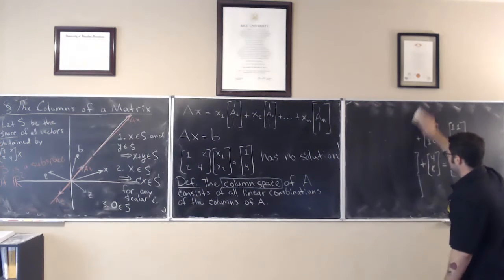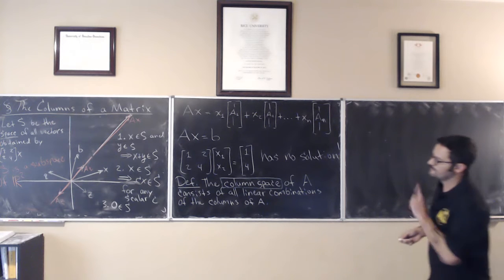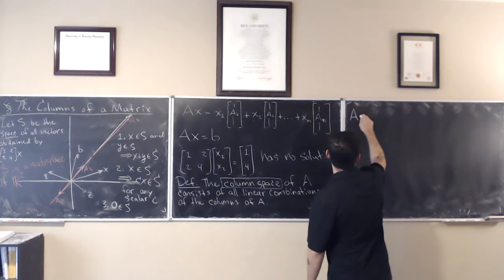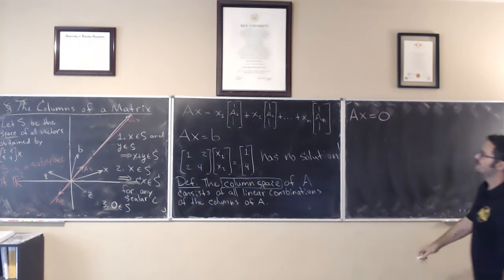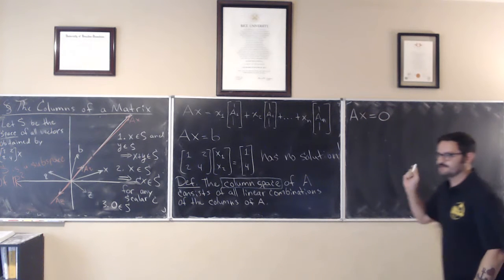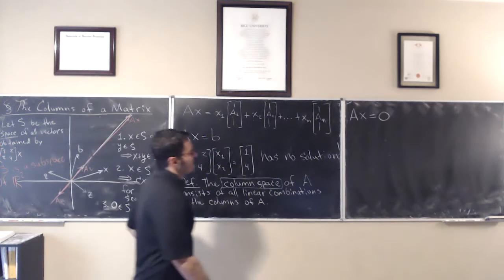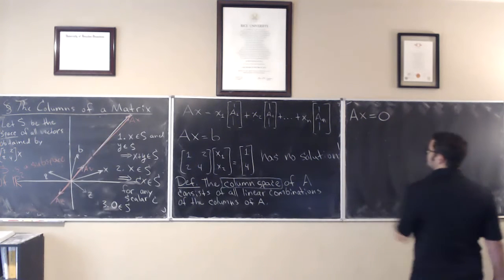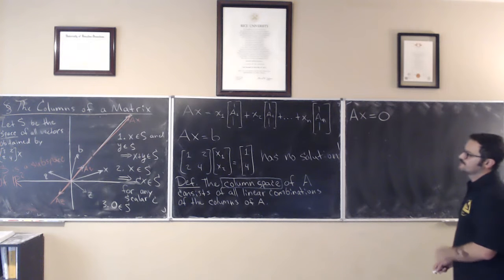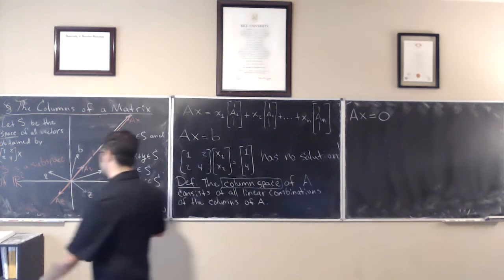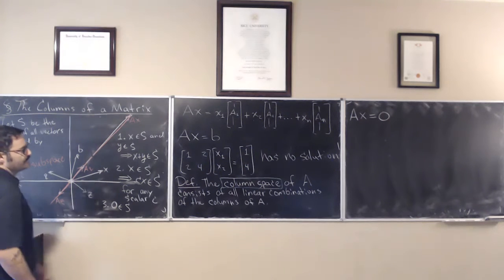Well, it turns out, I think I have a better way to say it. Let's consider this equation, the special equation. And we ask ourselves, what are the possible solutions to this? Remember, this is the zero vector, right there, the zero vector at the origin.